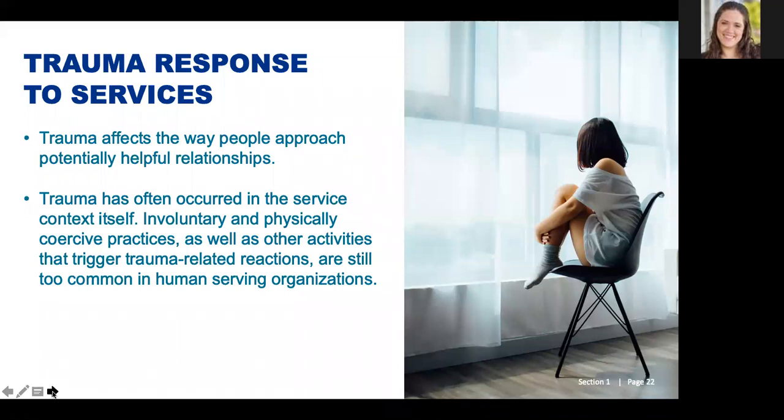So not surprisingly, individuals with trauma histories are often reluctant to engage with or quickly drop out of services because of their past experiences. Examples of how this may look are not being willing to provide information, having confusion or poor memory over details, personally attacking the folks that they need to work with, like their caseworker or their behavioral health support people.